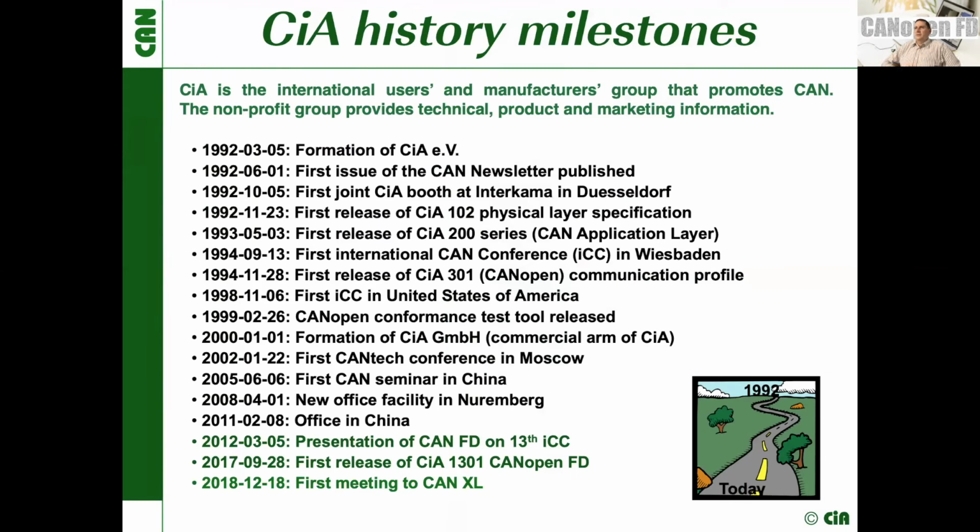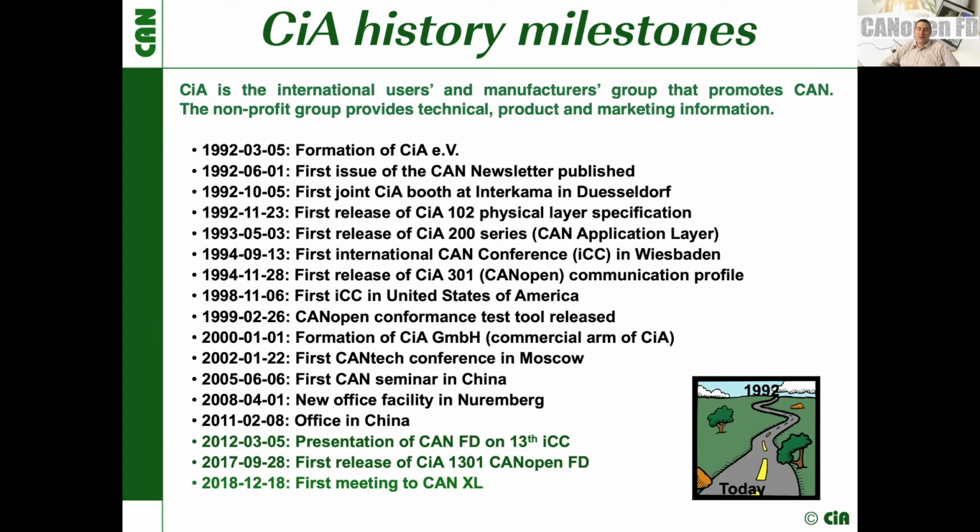Briefly to the milestones of CAN Automation, you see here already the founding date, 5th of March 1992. And as I said, we try to raise the awareness of CAN. So we do this with our publications. The famous one, I would say, is our CAN newsletter, a magazine that appears once in a quarter, informing you on latest movements and developments in the CAN application field.